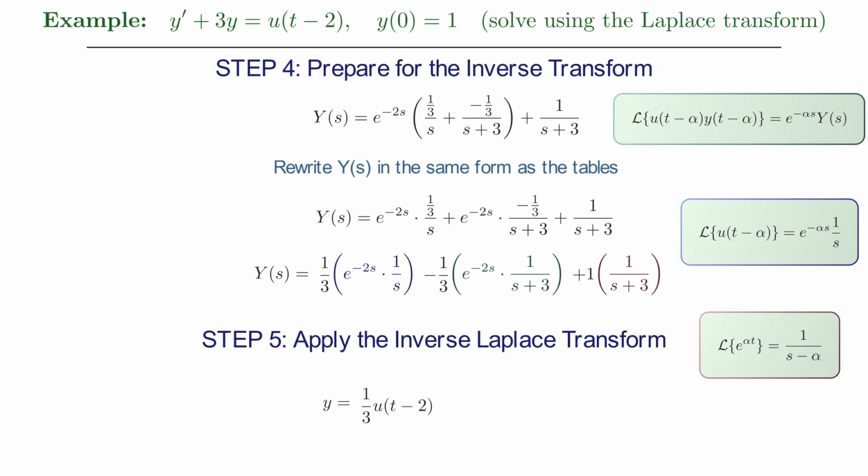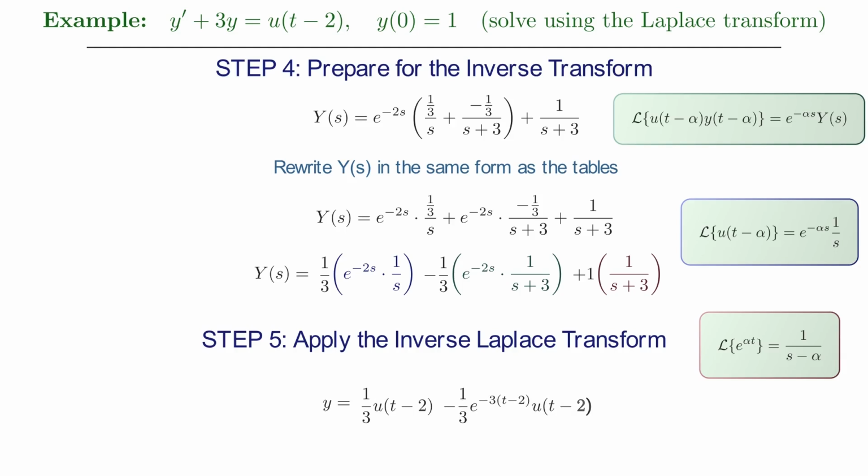And then we do the inverse Laplace transform of 1 over s plus 3, which is e to the minus 3t. But because it's multiplied by that e to the minus 2s before the inverse Laplace transform, we have to replace the t with t minus 2. So it becomes minus a third e to the minus 3 times bracket t minus 2, and this is multiplied by u of t minus 2.